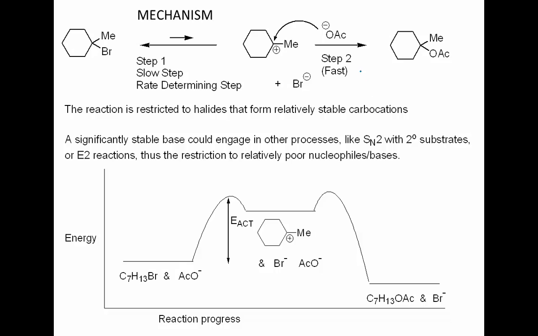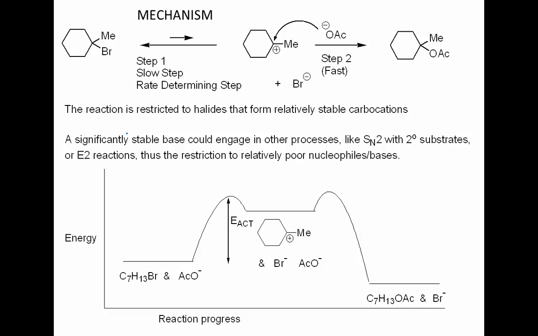The second step of the reaction occurs at a relatively fast rate, and it involves simply the coupling of whatever the nucleophile is with the carbocation. And this reaction, of course, is going to be restricted to halides that form relatively stable carbocations.